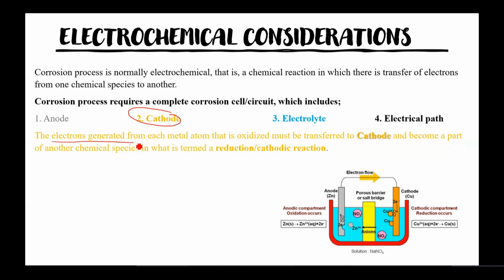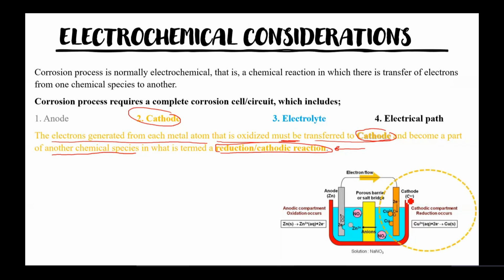The electrons generated from each metal atom that is oxidized must be transferred to the cathode and become a part of another chemical species in what is termed a reduction or cathodic reaction. So the utilization of electrons generated by the anodic reaction, resulting in the development of another chemical species, is a reduction reaction. This is the place where the reduction reaction is taking place.